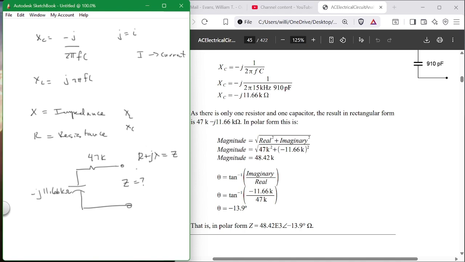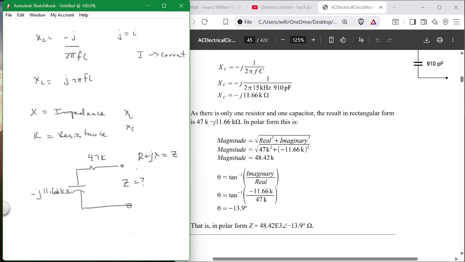So you say equals. Okay, now you're ready. So you say 47, and you can drop off the K, minus 11.66I.